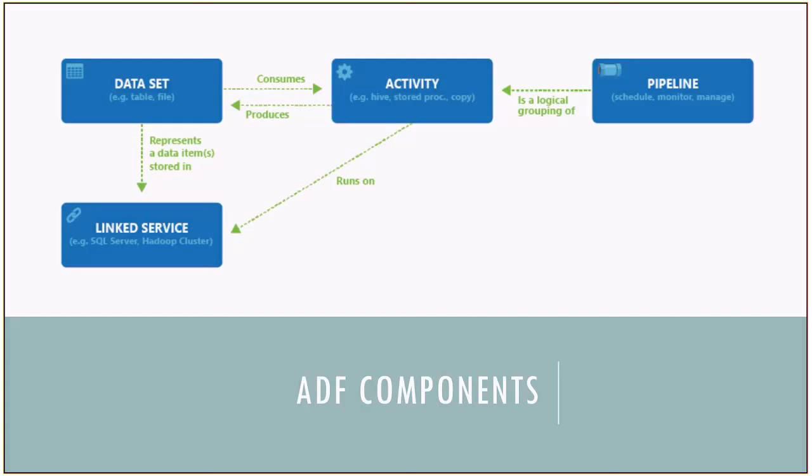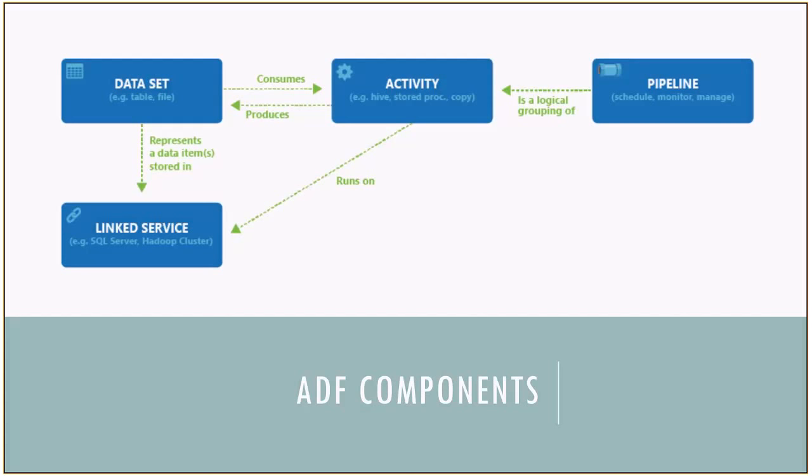So you create 2 data sets: the on-prem SQL data set table is one data set, and then the other data set is for the Azure SQL Database table. That way you can consume that.